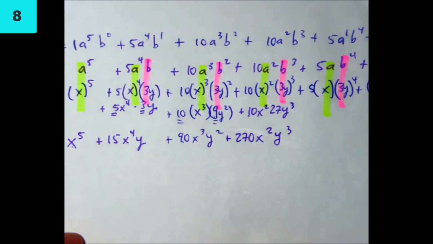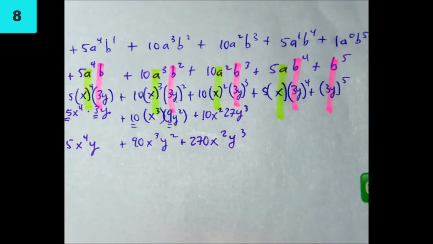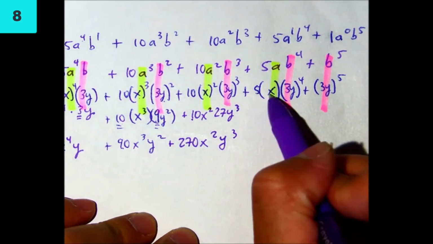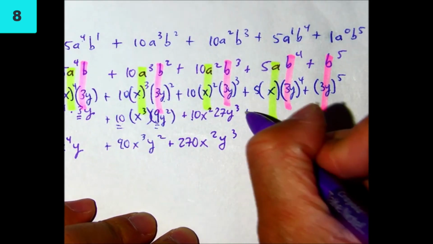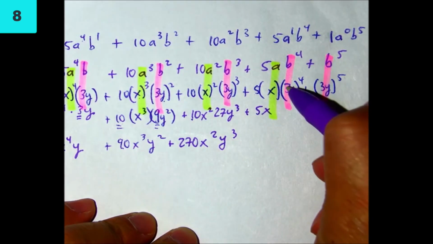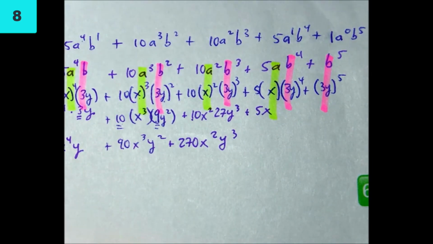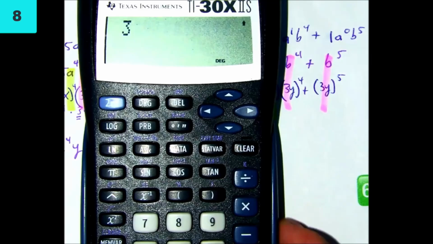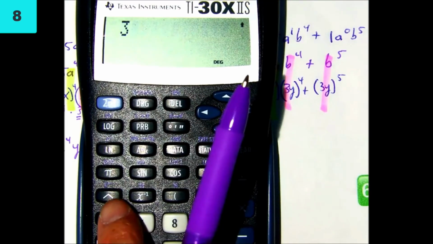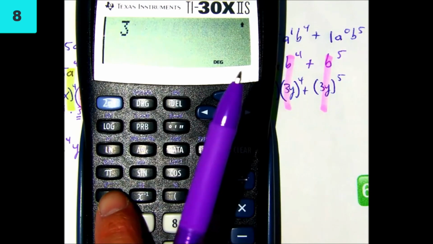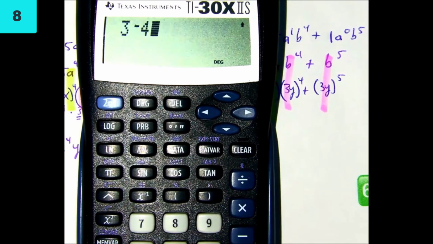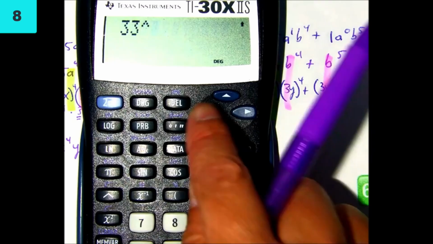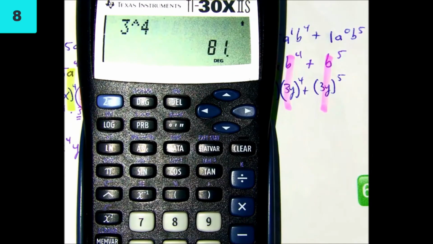Let's do the last one. Or last two. This one just becomes what? 5x, 3y to the fourth power. Okay, so I don't really know what that is, so look. I have 3 caret, C-A-R, I think E-T, to the fourth power. Try that again. 3 to 3. 81.